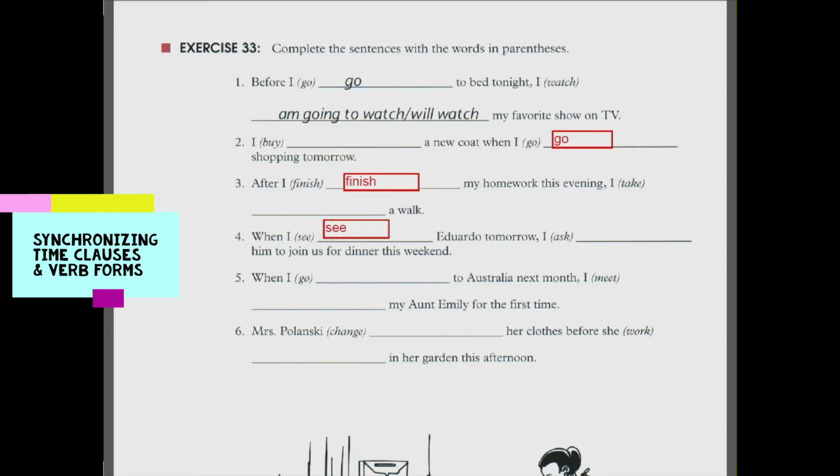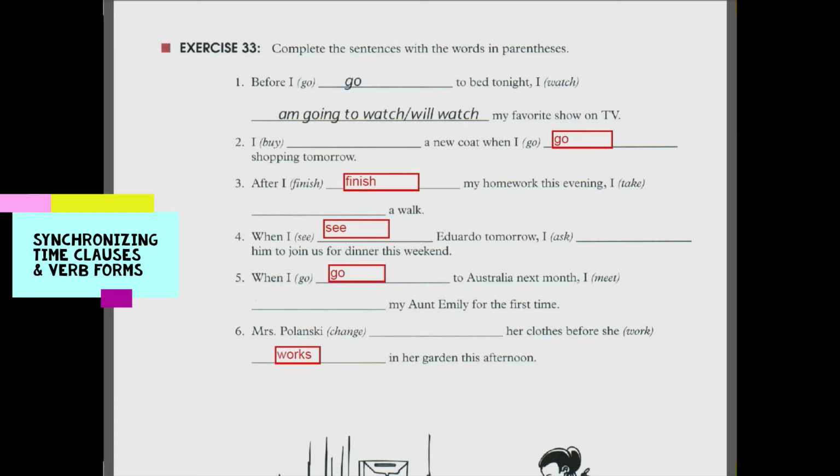Pay attention, guys, it's the simple form of the verb. When I go to Australia next month. The time clause is in the simple form of the verb.